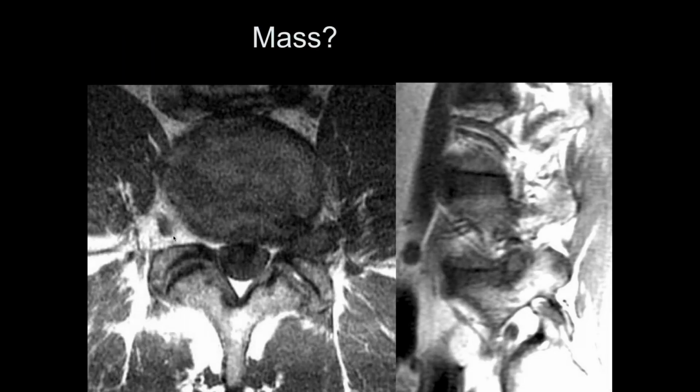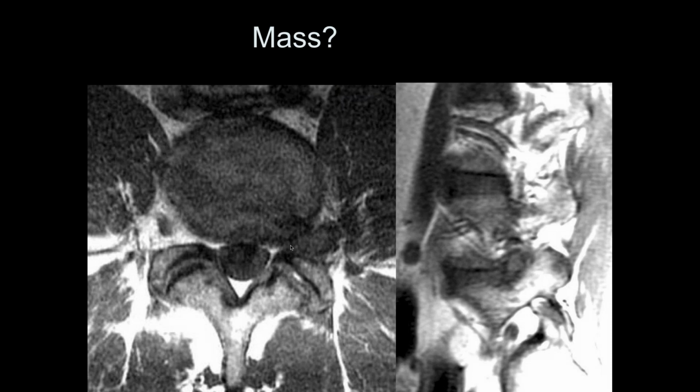Okay, Thomas, what do you think of this case? They're concerned about a mass in this case, actually. Right. So, yeah, it looks like a focal protrusion centrally. Yeah. Well, this is probably the edge of the thecal sac right there. I guess the left neural foramina.